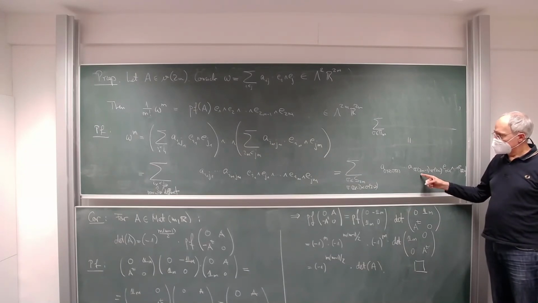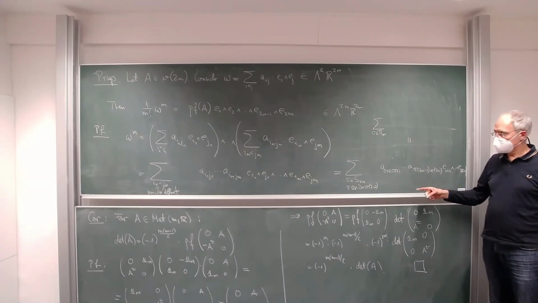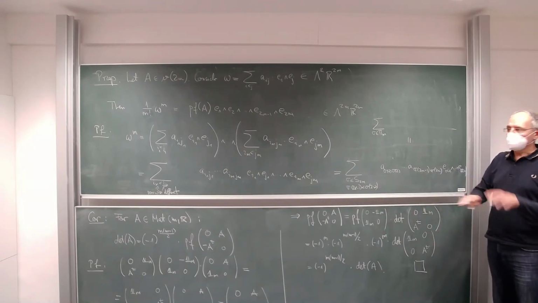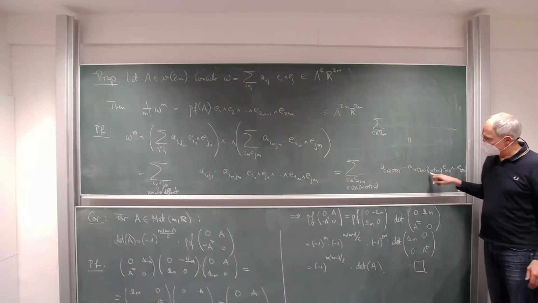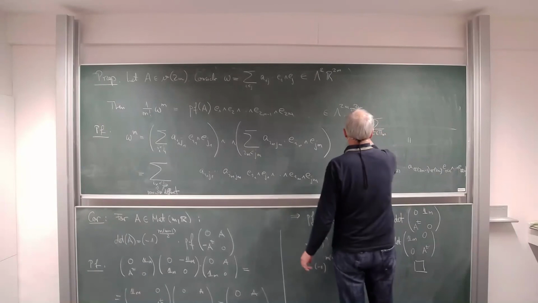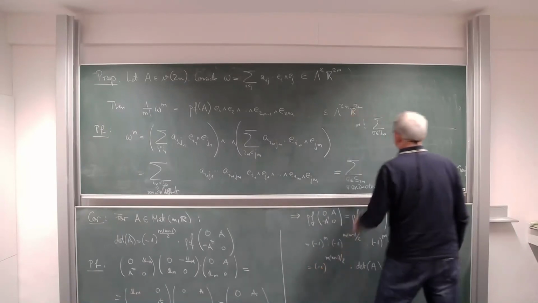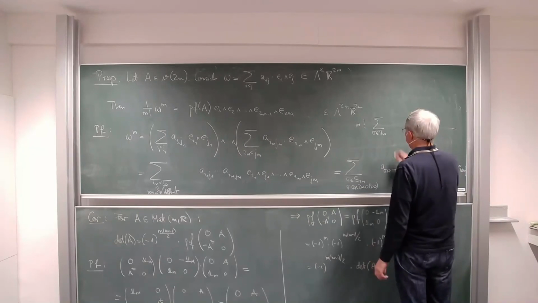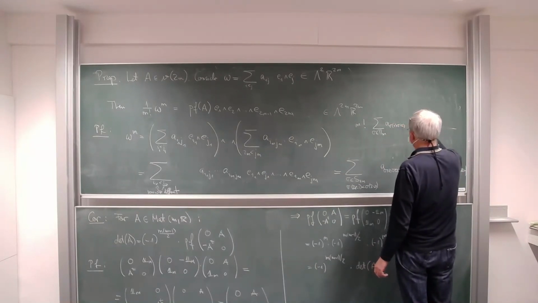Namely, we have to check how many times such a permutation can be reshuffled into a partition by ordering the pairs. Well, there are n pairs here, so this is n factorial times. So it's n factorial times the sum only over partitions of the same expression.